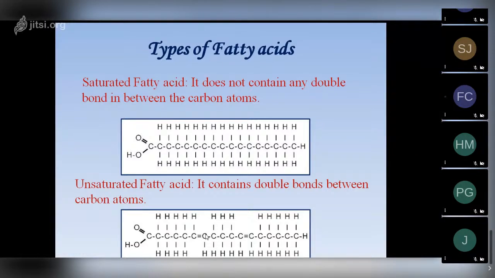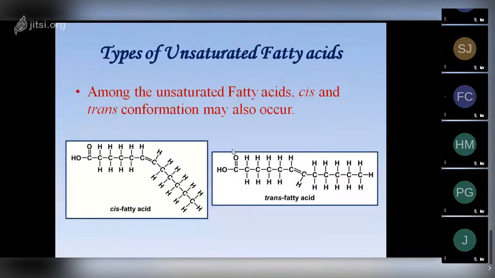As you all know, in the unsaturation, one will be the sigma bond, the other one will be the pi bond, and the pi electrons are not hybridized, so they can form another bond with anyone else. As they are unsaturated in nature, these are the unsaturated fatty acids. If double bonds are present between the carbon atoms, it will be the unsaturated fatty acid, and if no double bonds are there, it will be the saturated fatty acid.